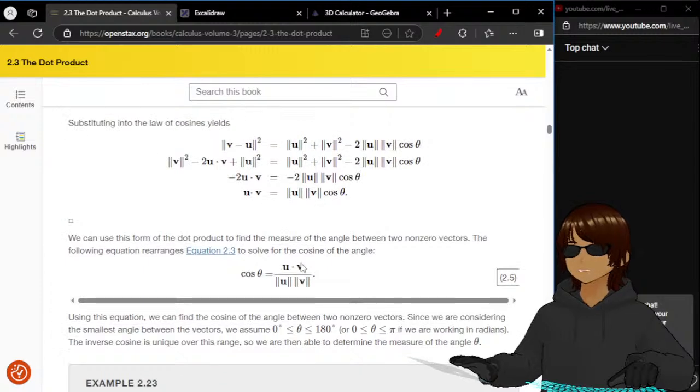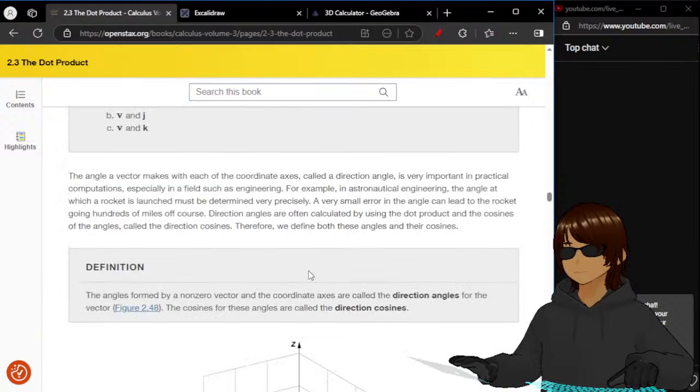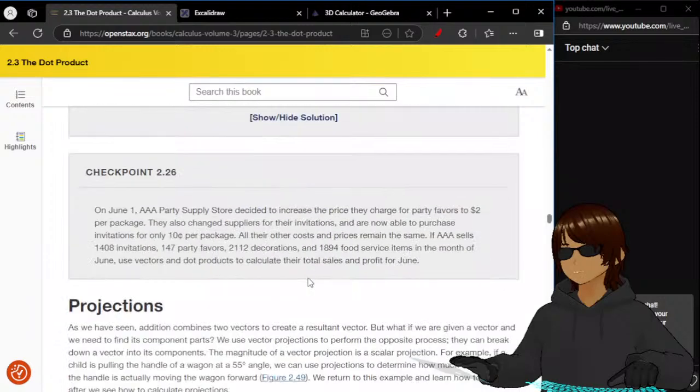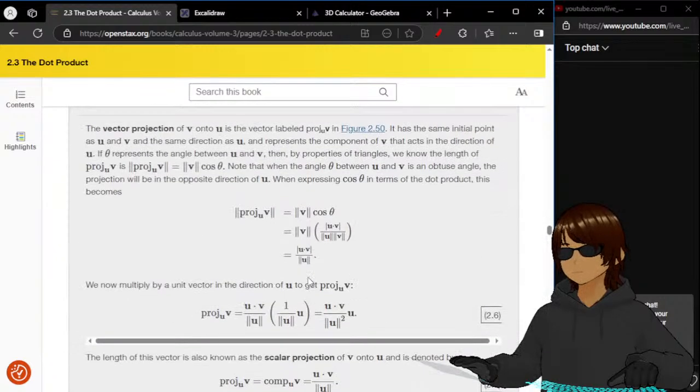There's some modulus here. We now multiply by a unit vector in the direction of U to get the projection of V.